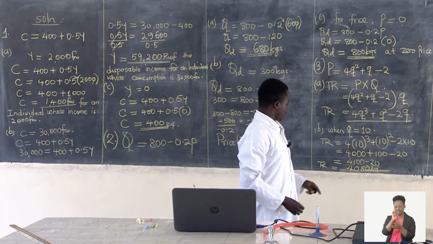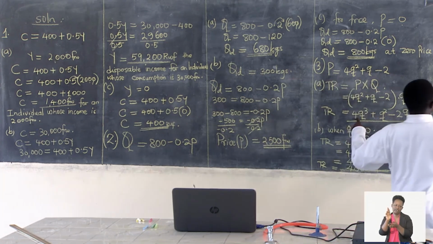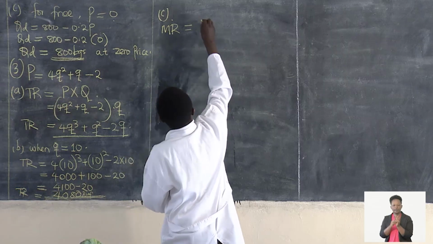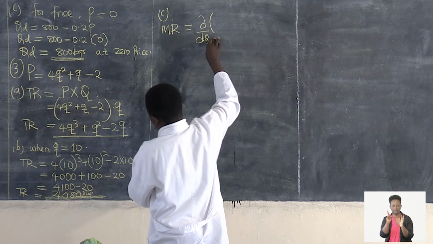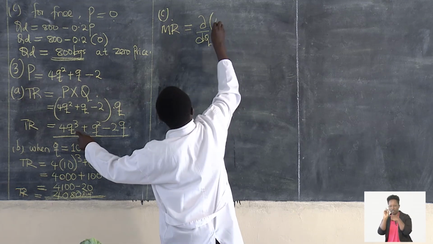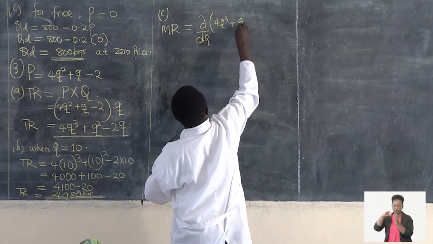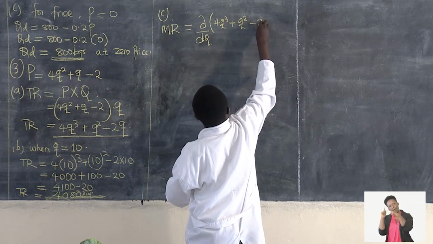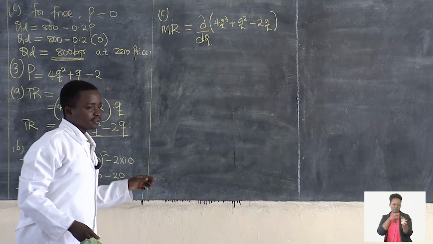So we differentiate the total revenue function with respect to output. So the marginal revenue function, we differentiate this function, 4Q cubed plus Q squared minus 2Q. You differentiate the total revenue function.